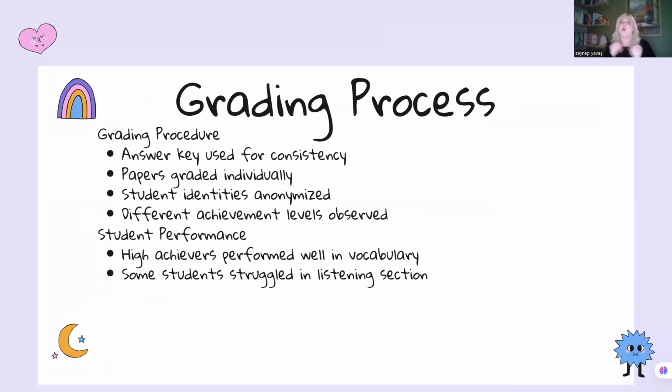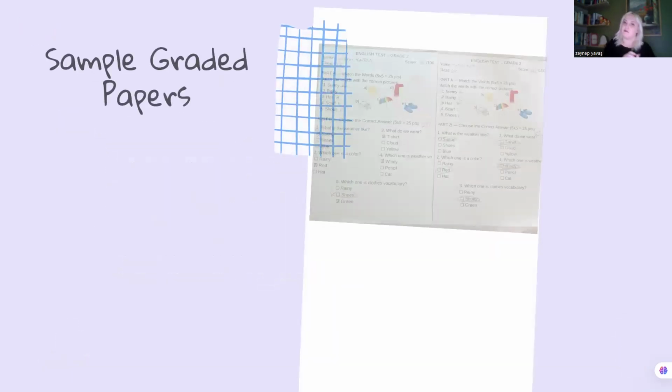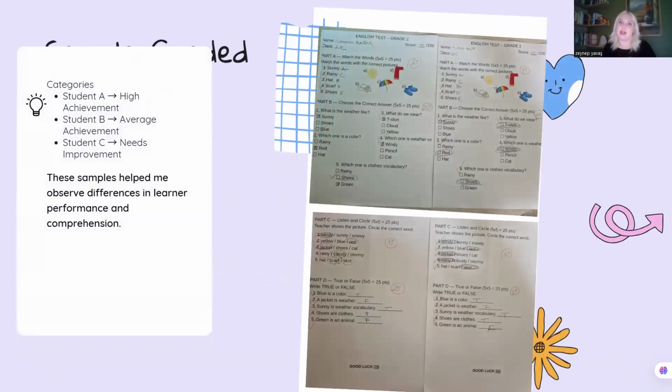High achievers performed well in vocabulary, but some students struggled in the listening section. I want to say again that there is no direct listening section in my test, but we have some listening parts, and some students struggled with that.